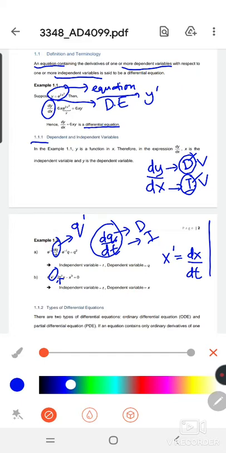So remember the pattern like that. If it is t x prime, then on top must be dx, and at the bottom I take t because there is a function t here. Don't suddenly take y here; take the function that is in the question. So if x prime, you just change to dx dt. So your independent variable is t, independent at the bottom, and dependent is x, dependent on top. So this is for dependent and independent variables.